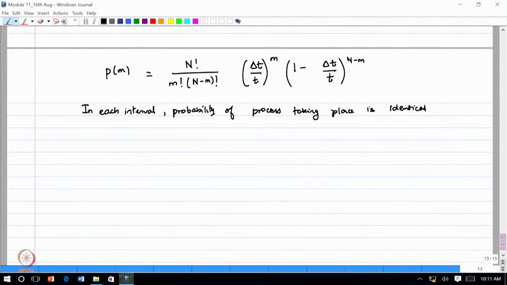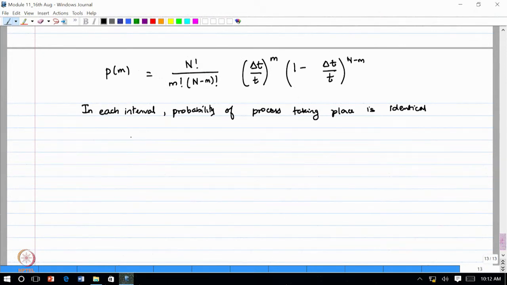In other words, if you think in terms of radioactive decay, then within each interval the probability that one particular atom will decay is the same, which is p. Now we want to consider the limiting case, so we will make a few changes in this.